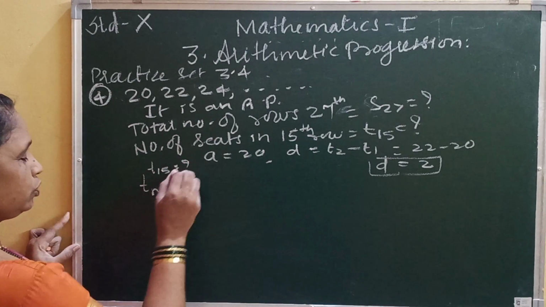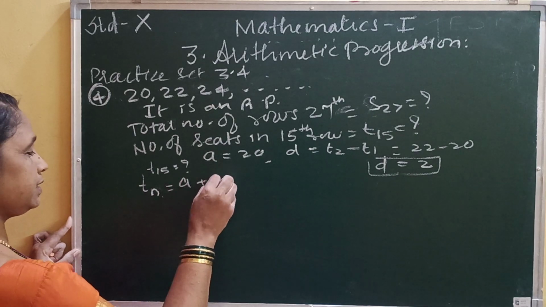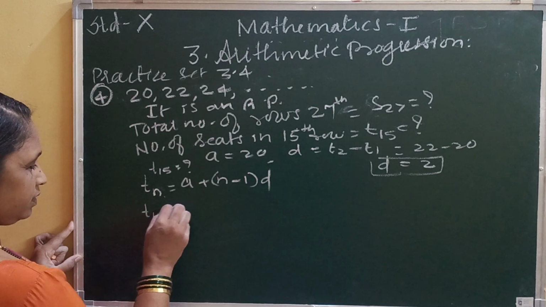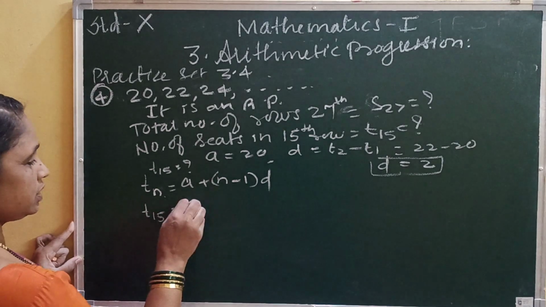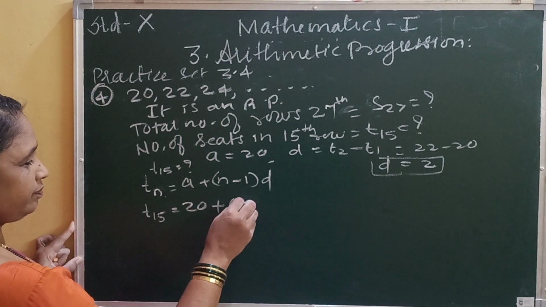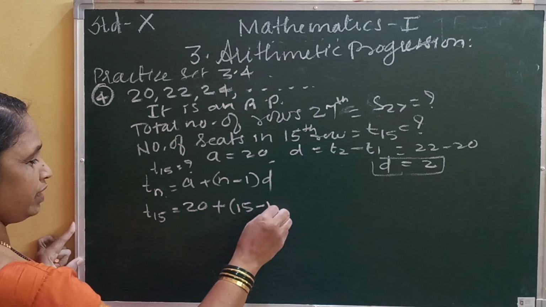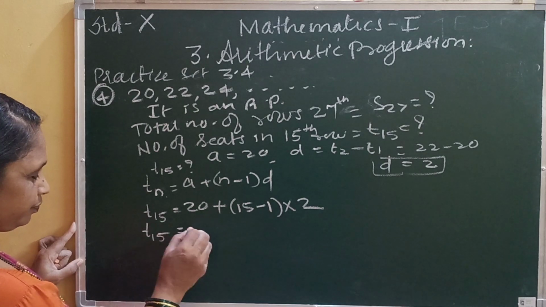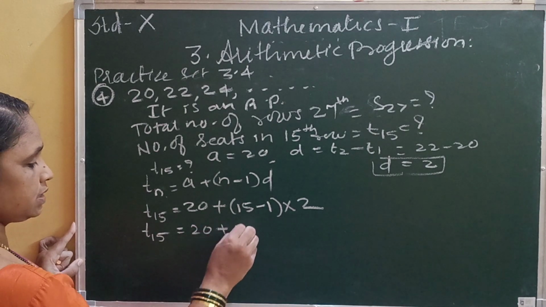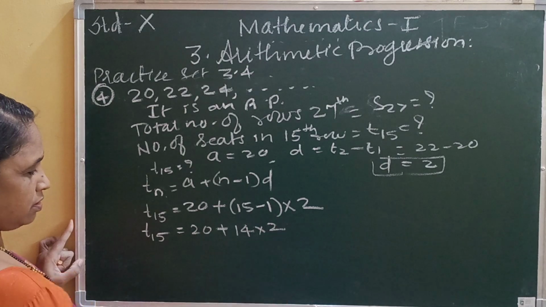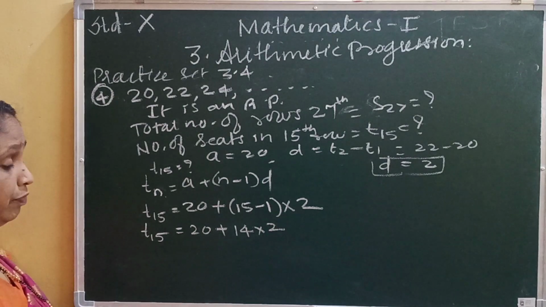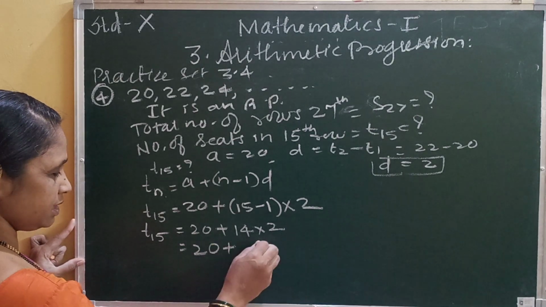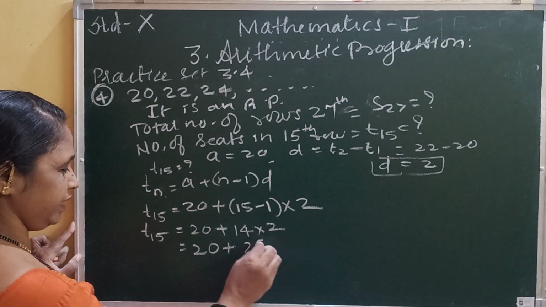Tn is equal to A plus n minus 1 into D. So T15 is equal to 20 plus 15 minus 1 into 2, which is 20 plus 14 into 2, which is 20 plus 28.